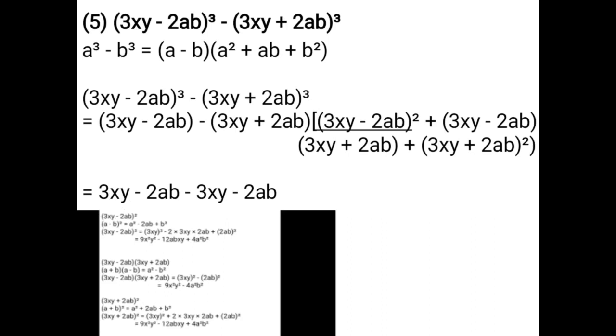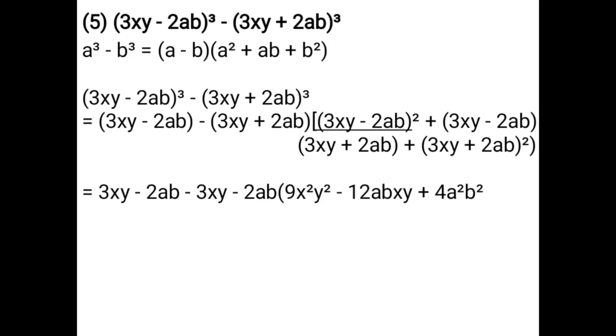That is (3xy) the whole square minus 2 into 3xy into 2ab plus (2ab) the whole square. (3xy) the whole square is 9x square y square, minus 2 threes are 6, 6 twos are 12, abxy, plus (2ab) the whole square is plus 4a square b square. If you have two variables together, you have to write the square form separately. That is, in bracket, 9x square y square minus 12abxy plus 4a square b square.